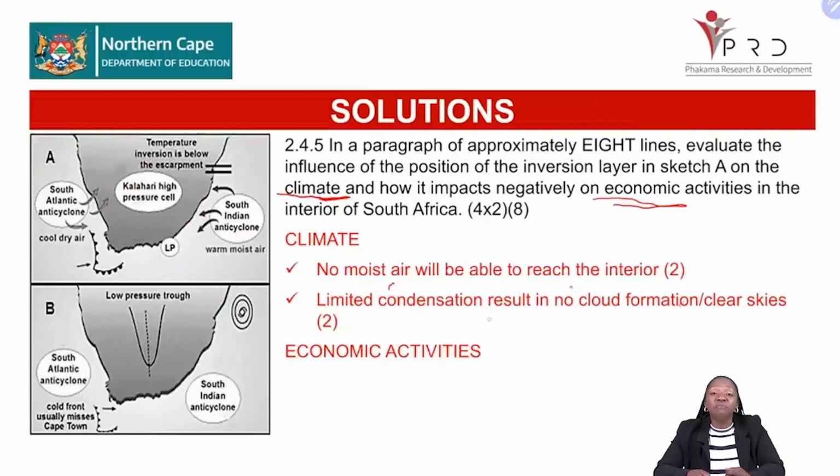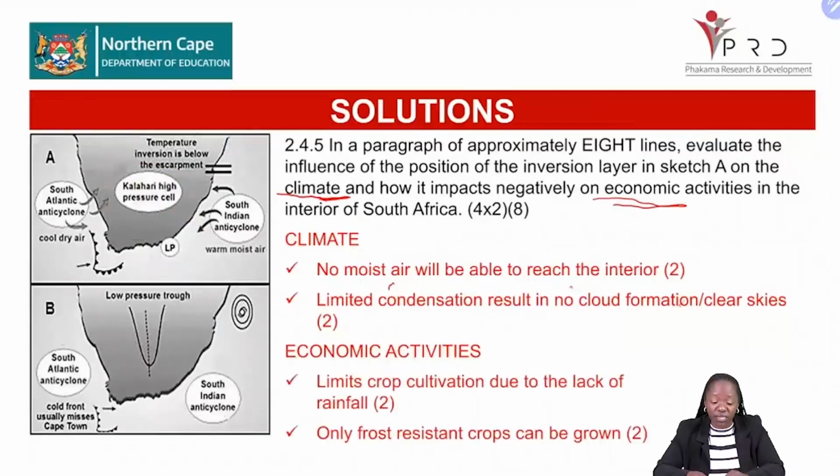Then, in terms of economic activities, it will limit the crops cultivation. So now the farmers are supposed to think of the crops that will adapt to the conditions of winter. So it limits the crops cultivation due to the lack of rainfall. So it means the farmer cannot plant whatever crops that will require a large amount of water. So they need to go with the conditions of winter.